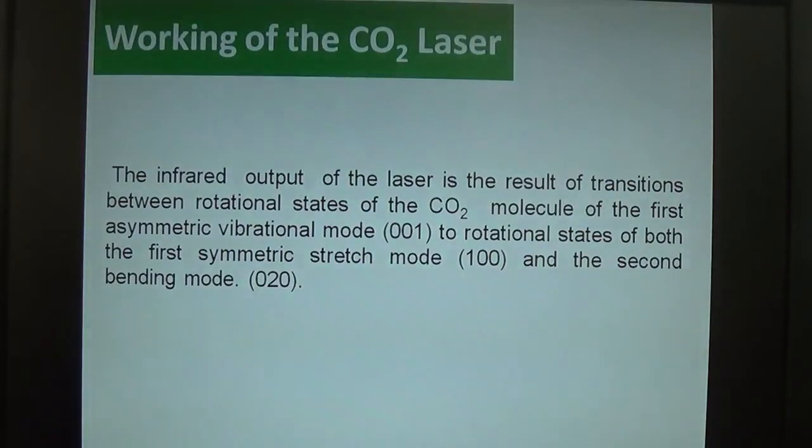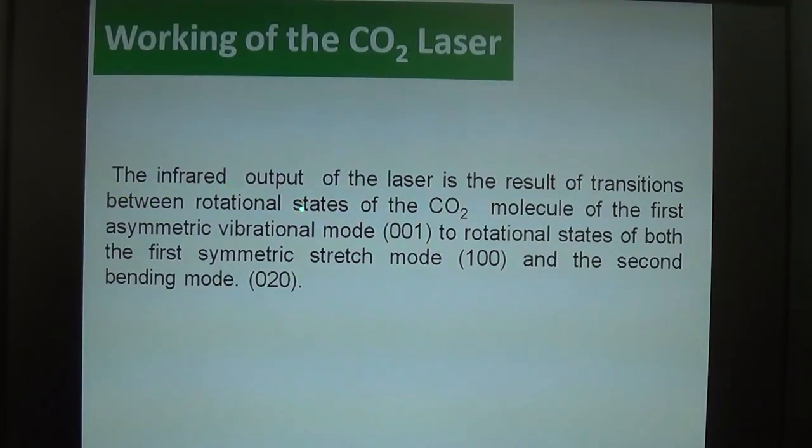Now, working of the CO2 laser: you have seen that the infrared output of the laser comes at 10.6 micrometer and 9.6 micrometer. This is the range of the infrared region.